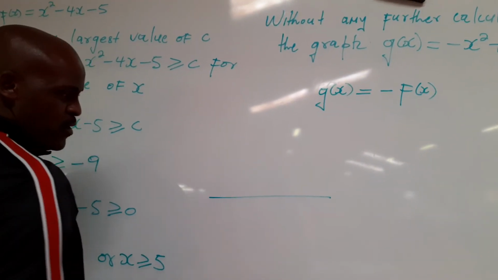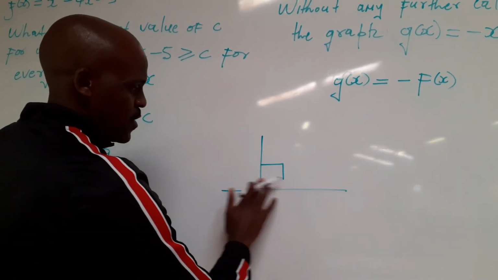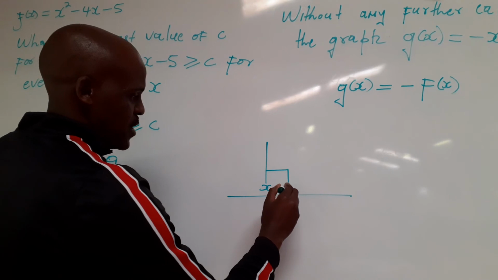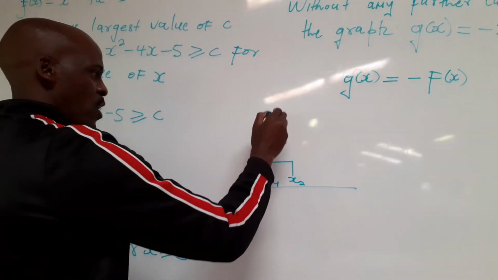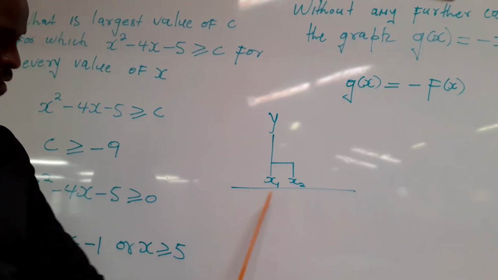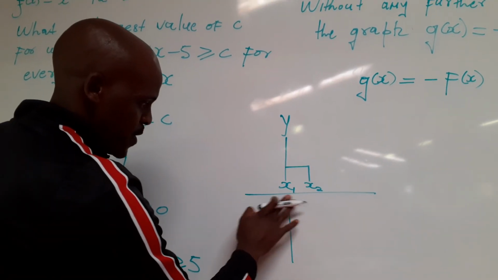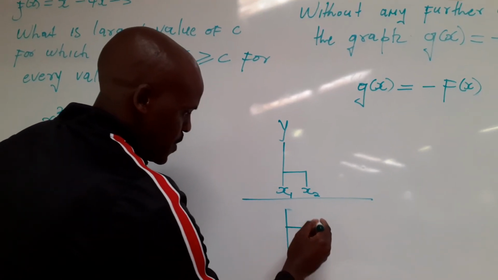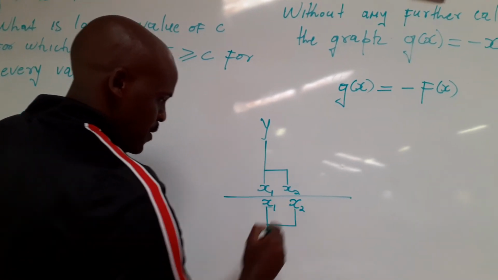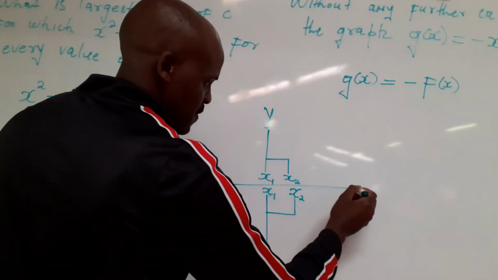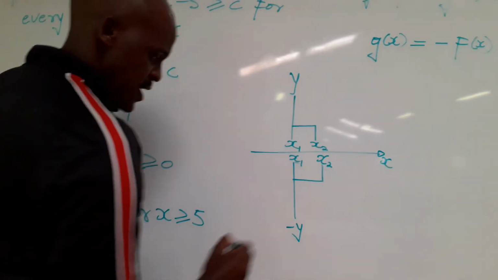We've made an example. Let's say x1, x2, like that. And our y is positive. So if you are to reflect on that line, we are going to have this. This is still x1, x2. But then the thing that has happened, if this is x like that, our y will be negative.